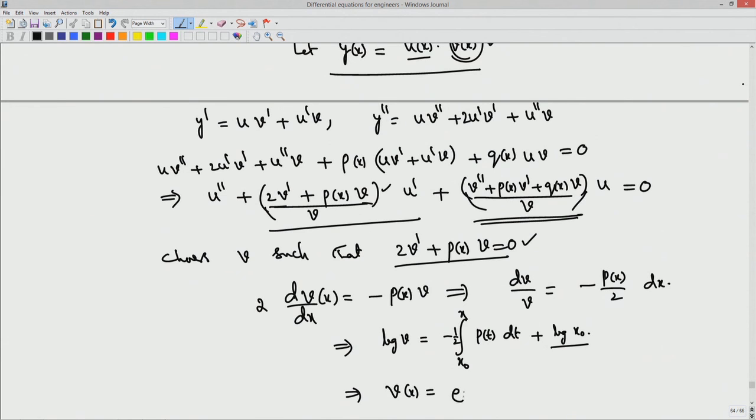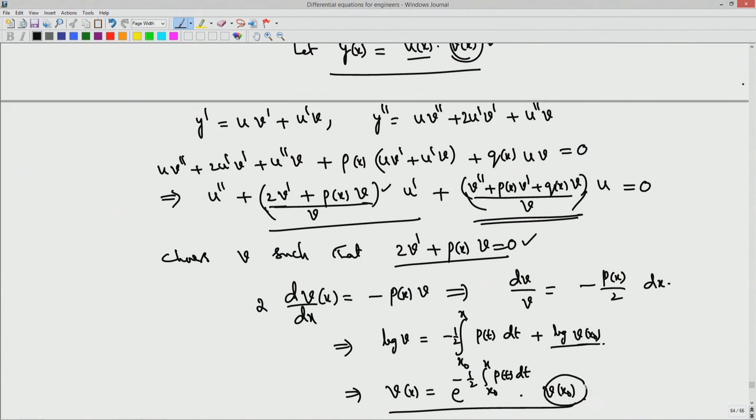So, this will give me my V of x. V of x is e power minus half integral from x naught to x of p t dt, into e power log V at x naught. This is an arbitrary constant, V at x naught.